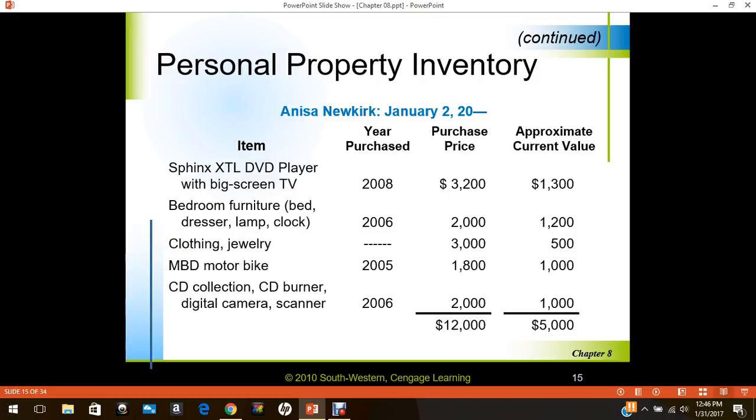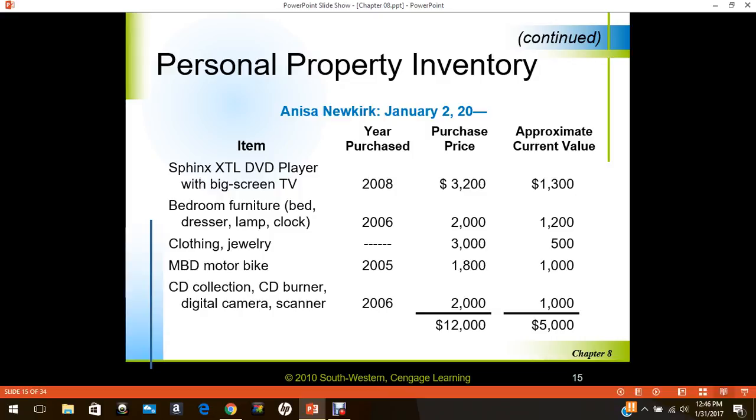A personal property inventory is also useful in the event of fire, theft, or property damage, because it will help you list lost items and determine their value in order to file an insurance claim.